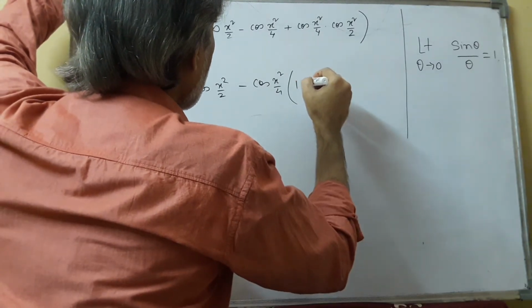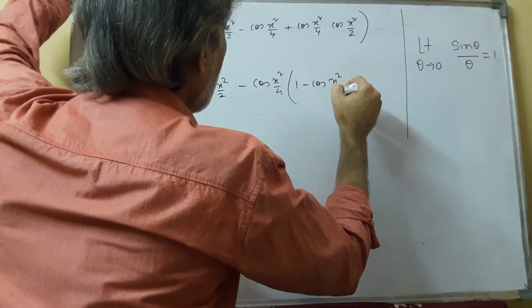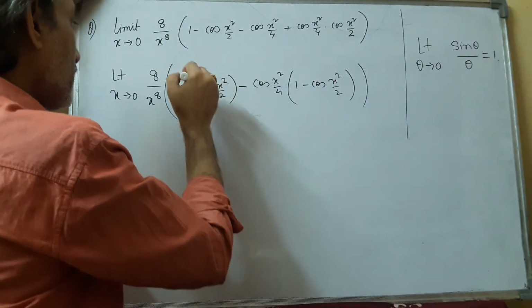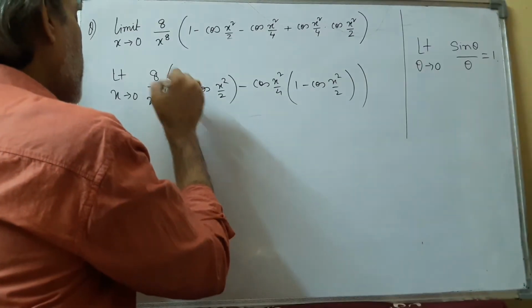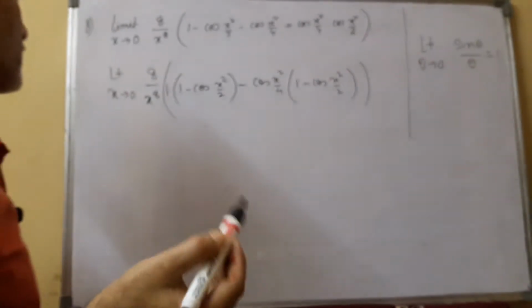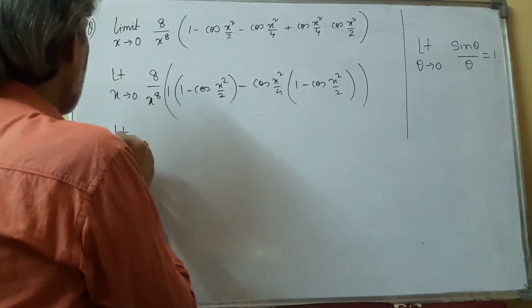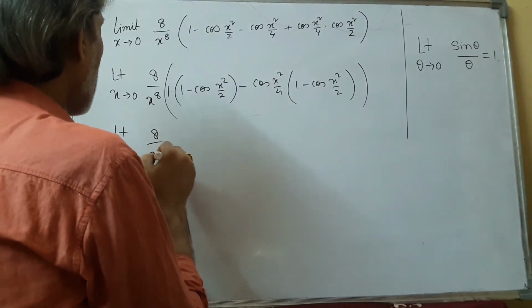So we are left with 1 minus cos x square upon 2. Now look, if we can place 1 here, anything multiplied by 1, since 1 being an identity element, x approaching to 0, 8 upon x raised to the power 8.